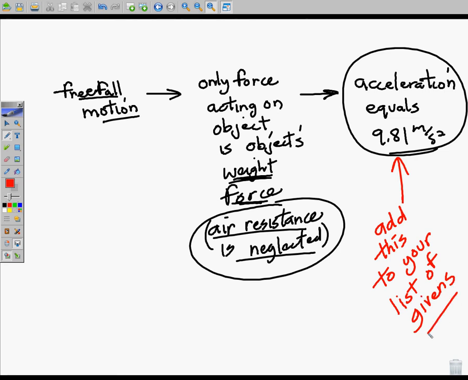So the plan is, we're going to first look at a free fall problem more realistically with air resistance. But then we're going to go on and solve free fall problems the way you'll be doing on your homework and on your exams by neglecting air resistance.